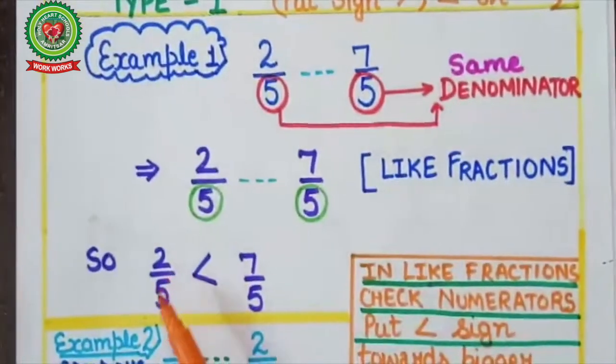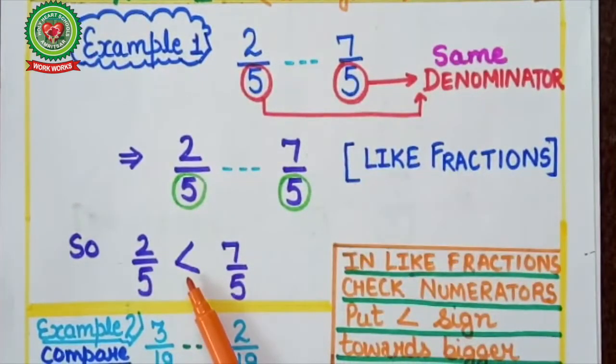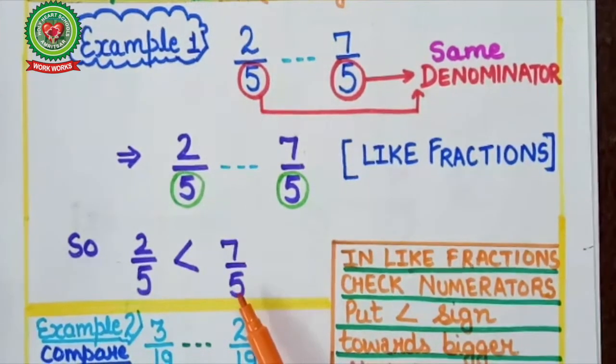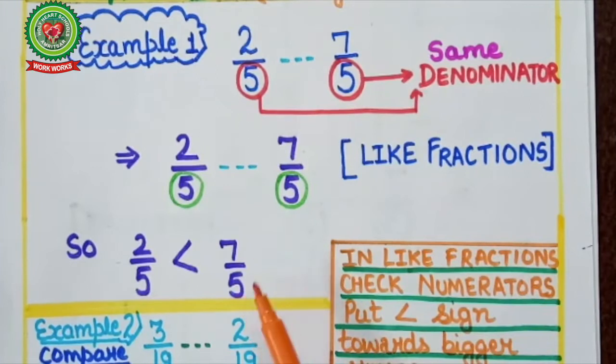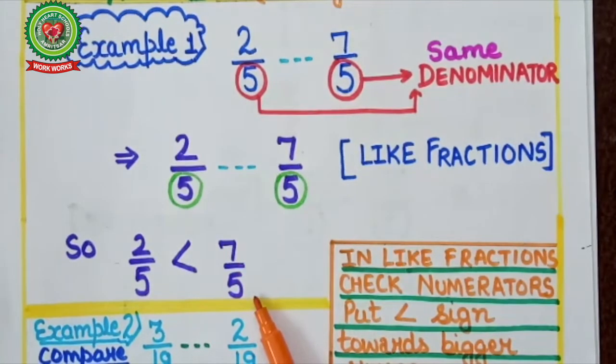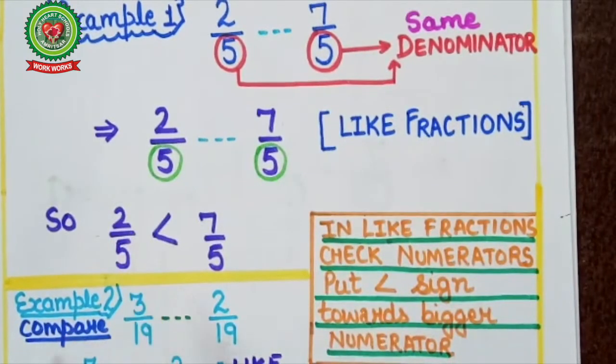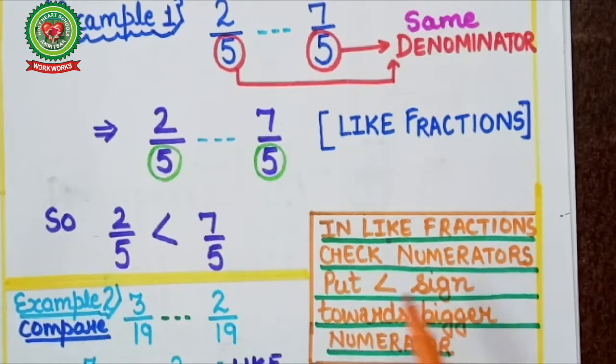So 2 upon 5 is lesser than 7 upon 5. Or in other words, you can say that 7 upon 5 is bigger than 2 upon 5. So what you have to remember is that in like fractions, check numerators and put the greater sign towards the bigger numerator.